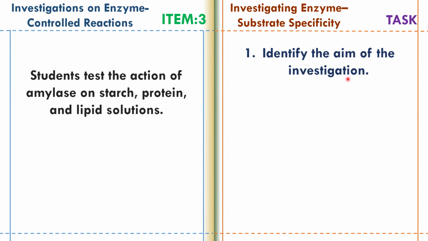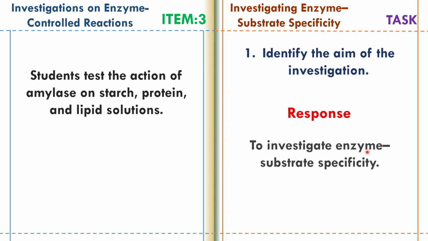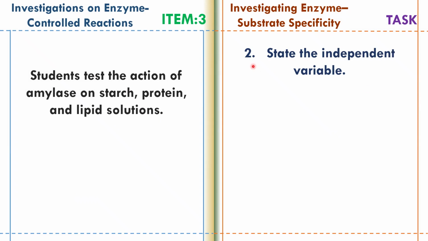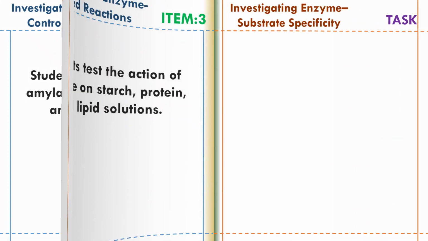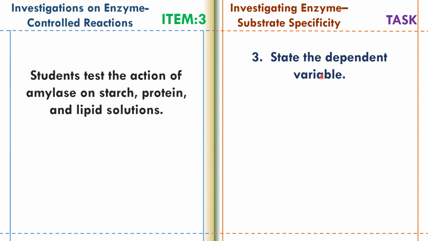Identify the aim of the investigation. To investigate enzyme substrate specificity. State the independent variable. Type of substrate used. State the dependent variable.